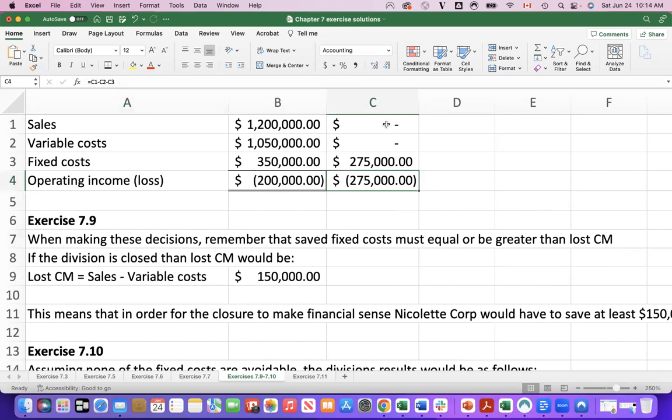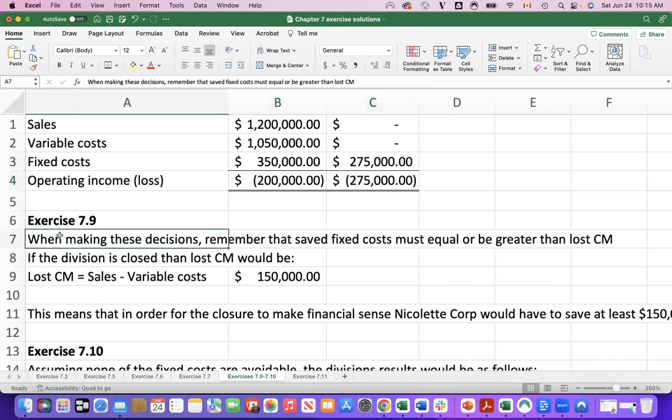We are much worse off if we were to close this segment, because now instead of operating at a loss of 200,000, we're at a loss of 275,000, because this 275,000 in fixed costs isn't going anywhere. We can't avoid it. And we just gave up 150,000 in contribution margin to only save 75,000 in fixed costs. So we are worse off financially by $75,000. And you can see that as the difference in the amount of loss generated here.